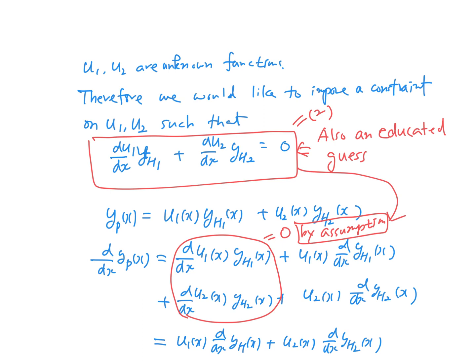Okay, can I move on or is it time to copy? So dy_p/dx equals u1(x) dy_h1/dx plus u2(x) dy_h2/dx.